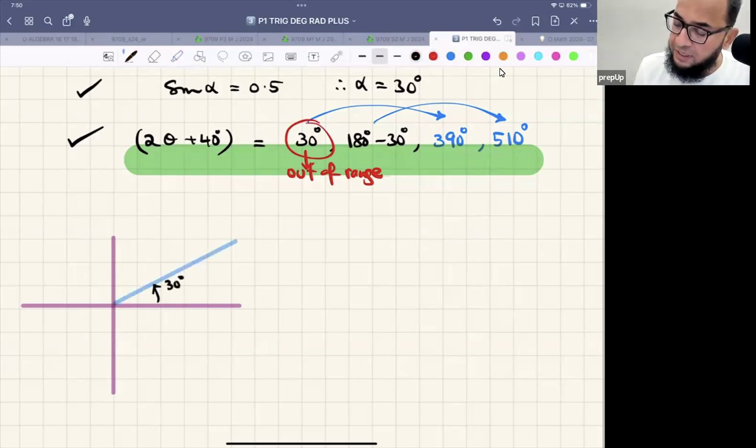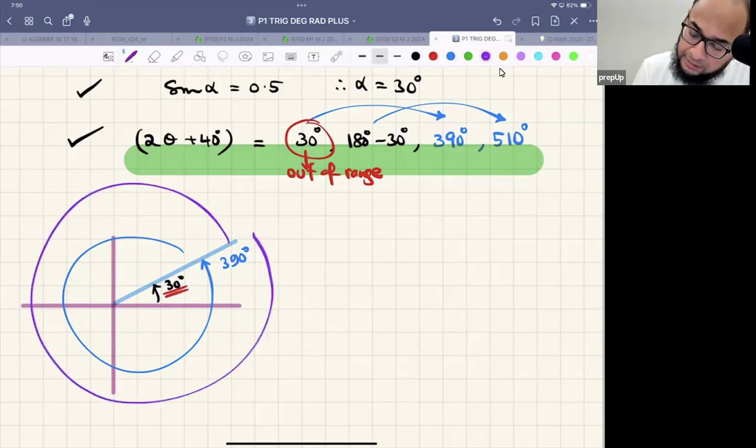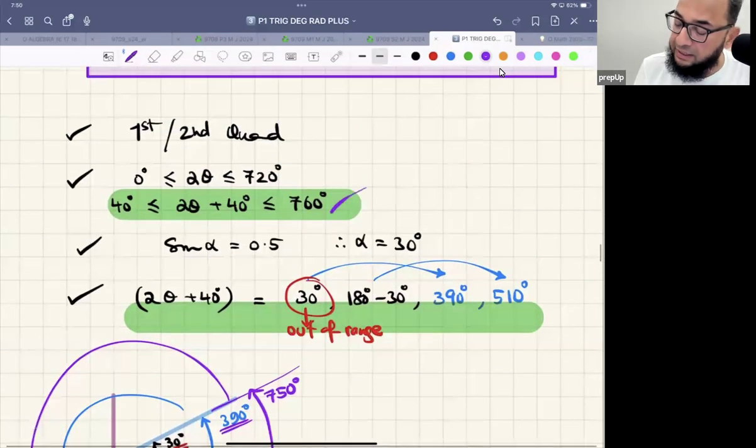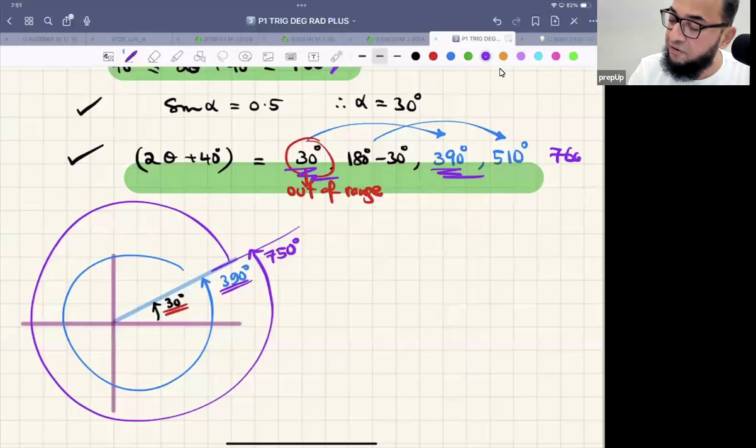And then after one revolution, it's giving me the blue angle like this, that is 390 degrees. Now this 30 has been cancelled off. So go one more revolution like this. And this is 390 plus 360, which is 750, which is within this range. So 30 is giving me 390, it's giving me 750 degrees, and I have to choose the 750 degrees.